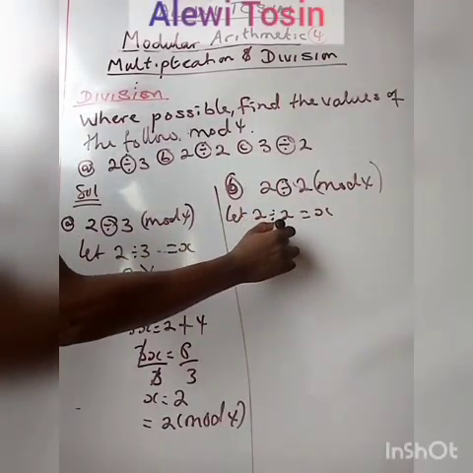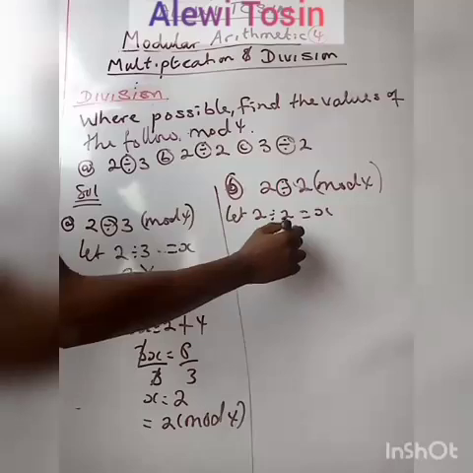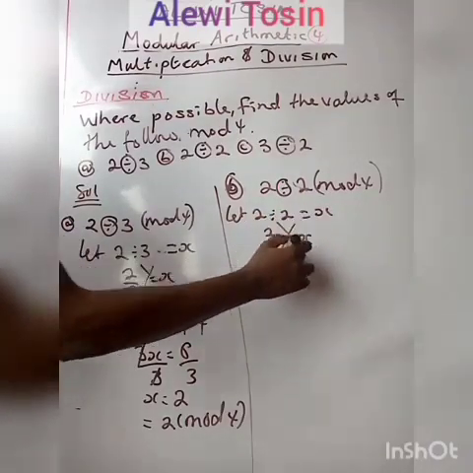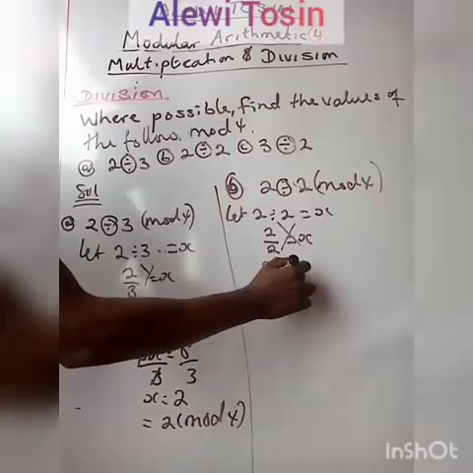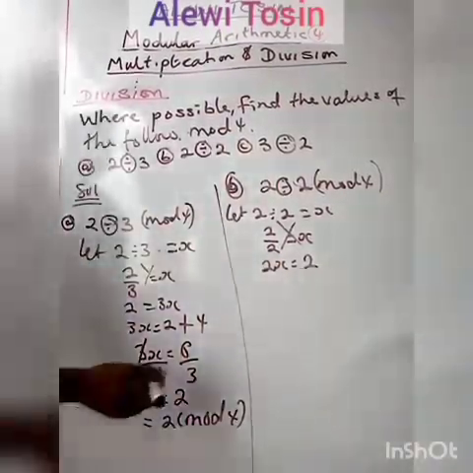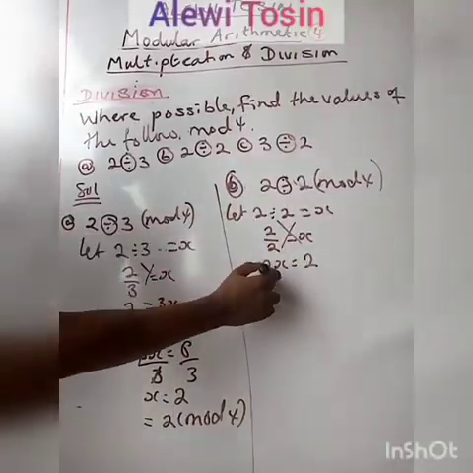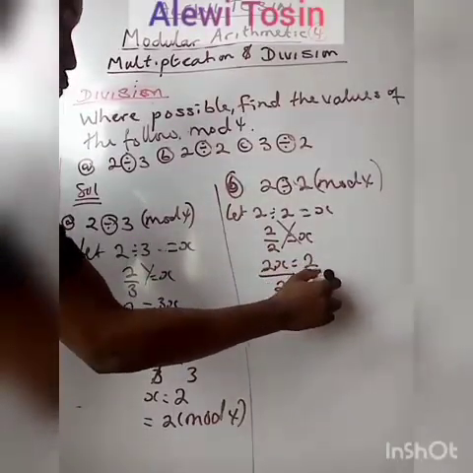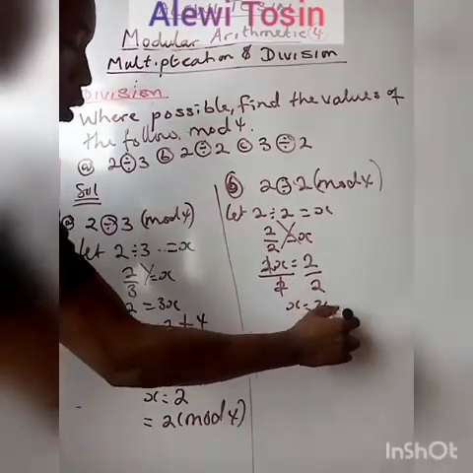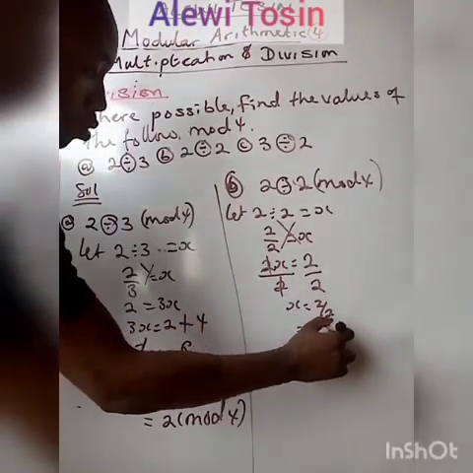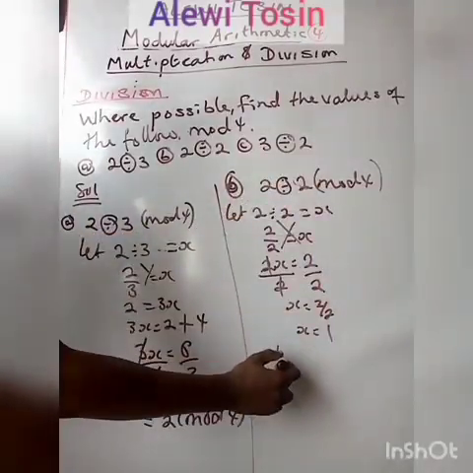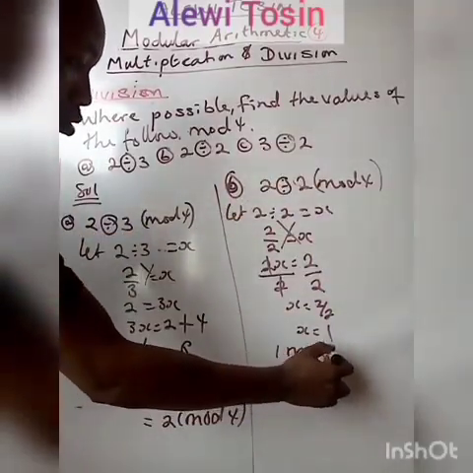I write it as 2 over 2 equals x. If I cross multiply, I'll have 2x equals 2. Looking at this now, 2 can go into 2, so you can easily divide through by 2. This cancels this, and x equals 2 over 2, which is 1. So 2 divided by 2 in mod 4 is 1 mod 4.